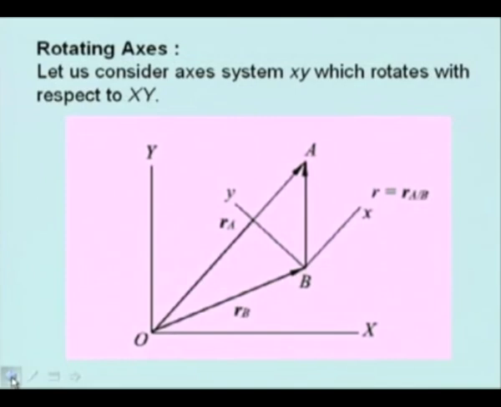Now we discuss the rotating axis system. Let us consider an axis system xy which rotates with respect to the capital X capital Y system. Again with the same figure, here also the same relation is valid, that RA is equal to RB plus RAB. That relation remains the same whether this coordinate system is translating or rotating.